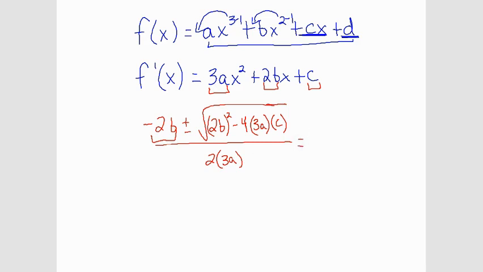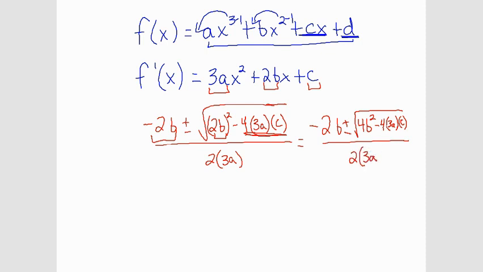That's just a negative 2b. Now here, I'm going to actually do something. I'm going to simplify here, so plus or minus the square root of 4b squared, but I'm not going to simplify this, and you may see why. So minus 4 times 3a times c, and I'm not going to simplify the denominator. And once again, you'll see why. You may already see why.